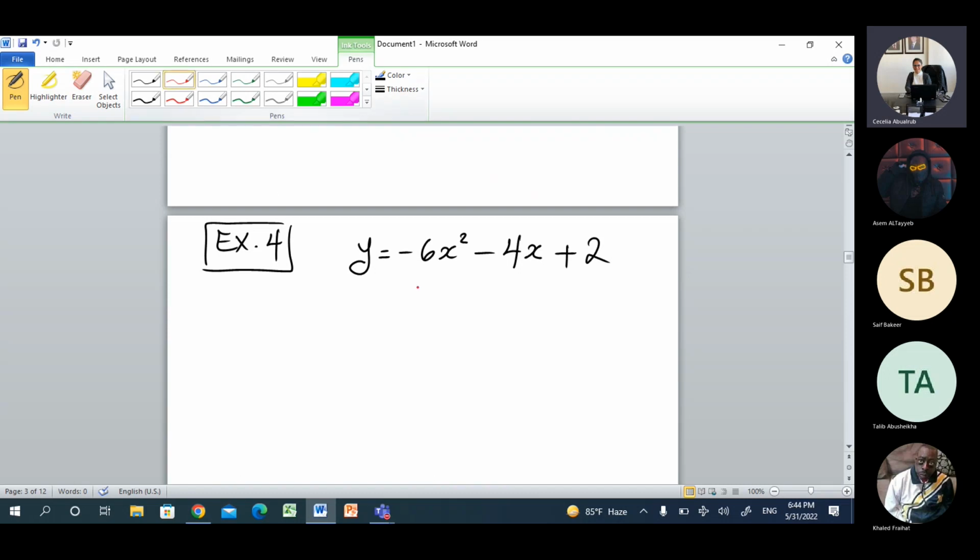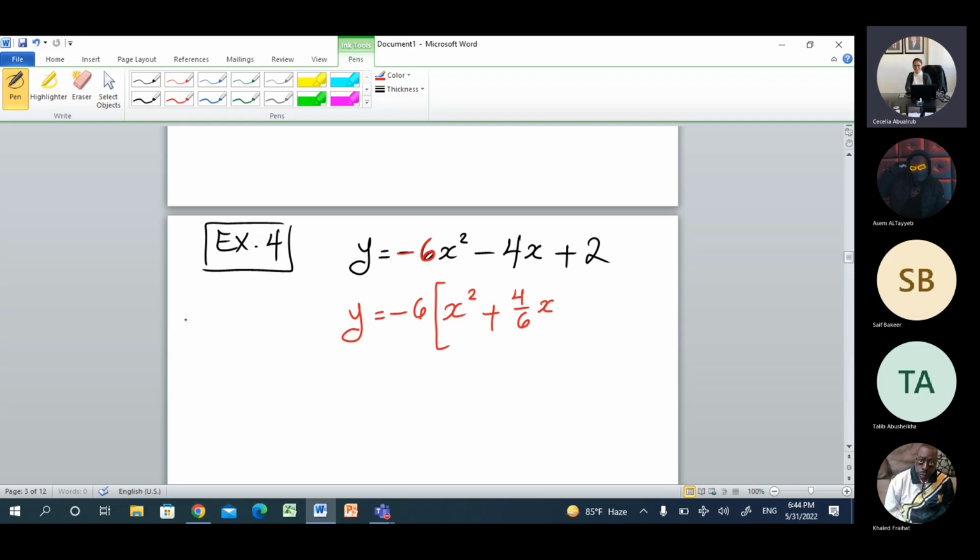So the leading coefficient is negative 6. It's not 1, so we need to get it out. So we will say y is equal to negative 6 will come out, open the squarish bracket, x squared plus 4 over 6x. Why it's 4 over 6?